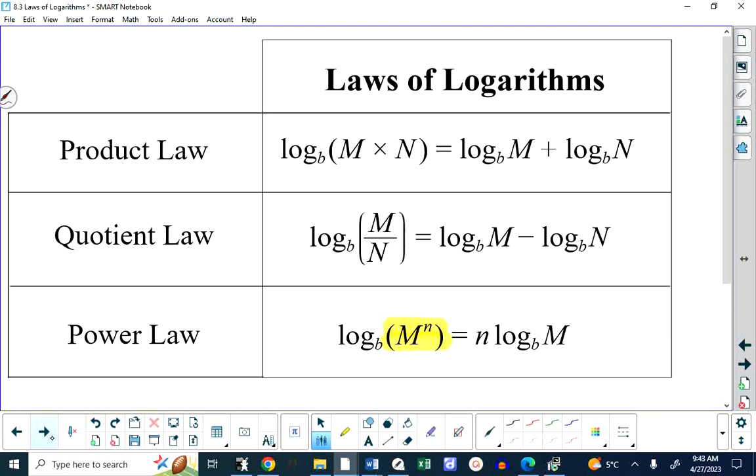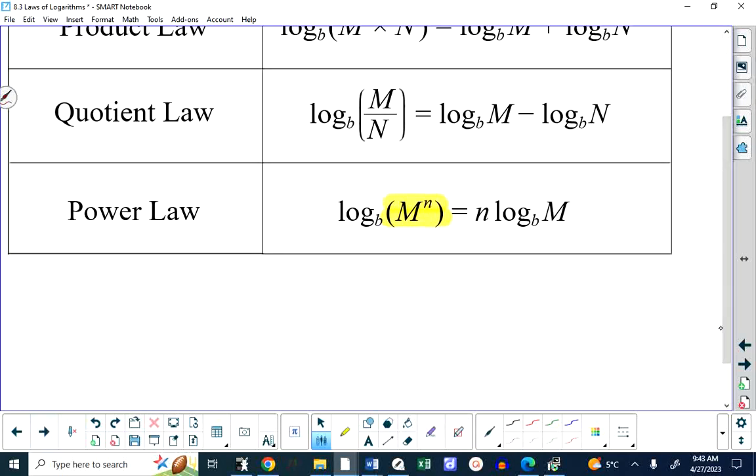Okay. We can talk about something we just did in one of the examples. When we have log base a of a to the 0.8, you don't need brackets around the a to the 0.8. It's implied that it's a to the 0.8, and then you take the logarithm of it.